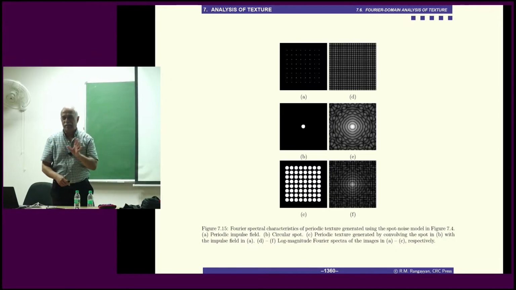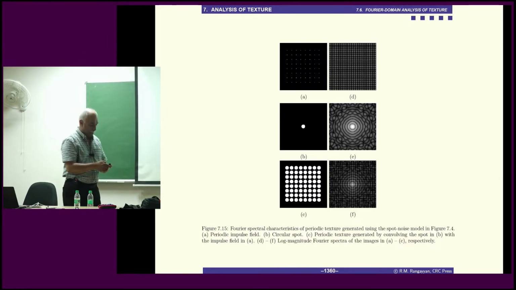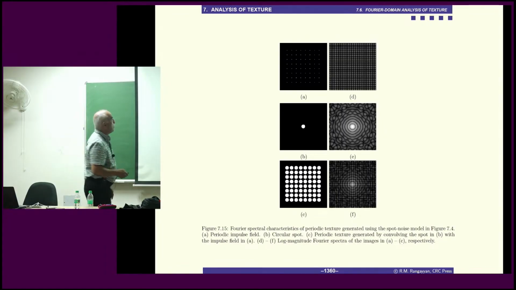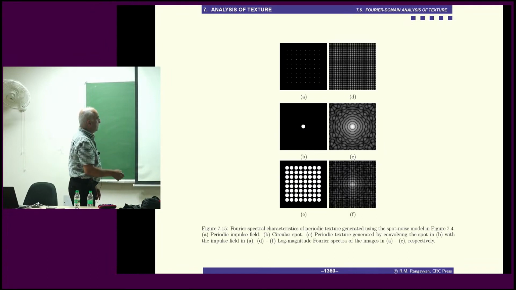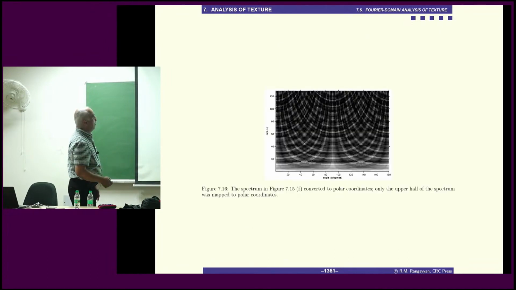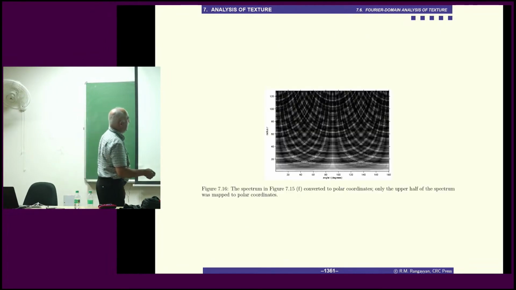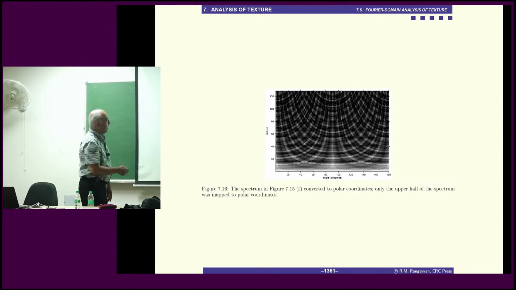There is some periodicity of something, if you see such dots. Dots are concentrations of energy. If you convert this to the polar coordinate system, this is angle in degrees 0 to 180 and this is radius 0 to 128, you get this where you again see those points of concentrated energy.